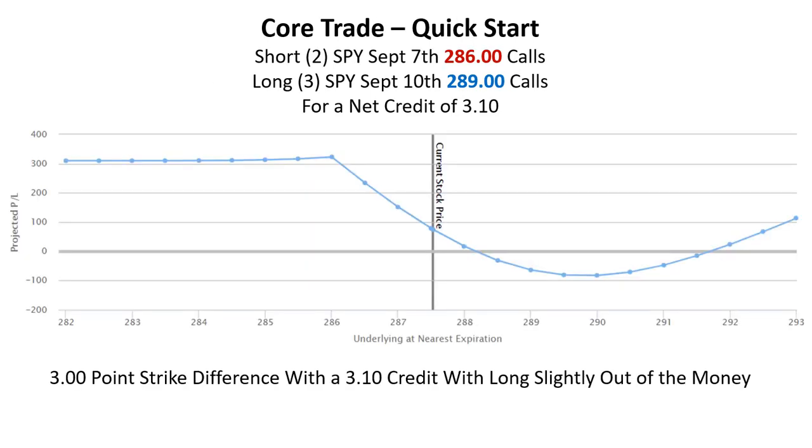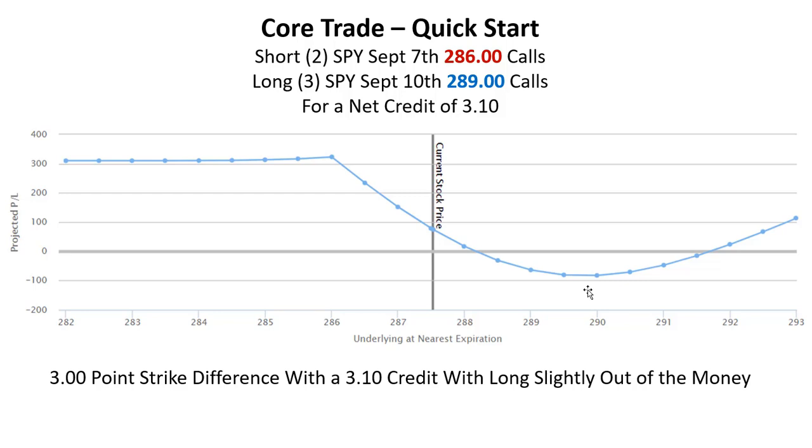And as you can see, this is a 310 credit. And so this particular 310 credit is a better price than a 250 credit by $60. Meaning if I got into this trade with a 250 credit, then the projected loss is about $150 if I do nothing. And that's a pretty high probability of seeing some sort of loss.